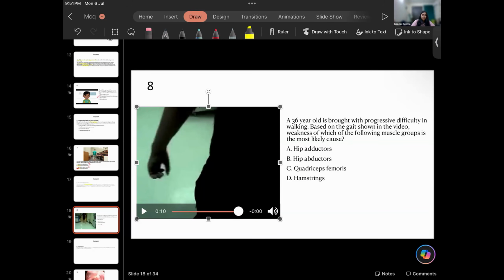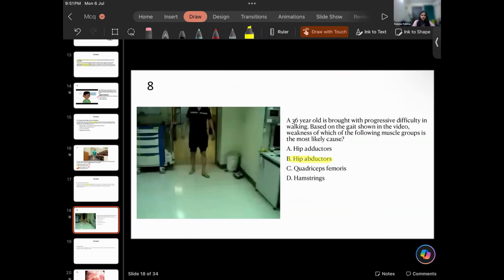So it occurs because of the weakness of the hip abductors and not the adductors or the hamstring or the quadriceps femoris. It is a straight one-liner. Only the thing is we have to identify the gait, and then you should know that the gait is because of the weakness in the gluteus medius and gluteus minimus, and the nerve supply is superior gluteal nerve, and they are the hip abductors and not adductors.